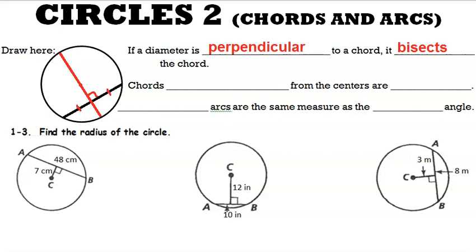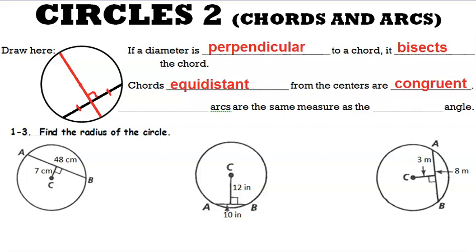All right, now piece number 2, and we'll get to this one later, chords that are equidistant from the center are also going to be congruent.